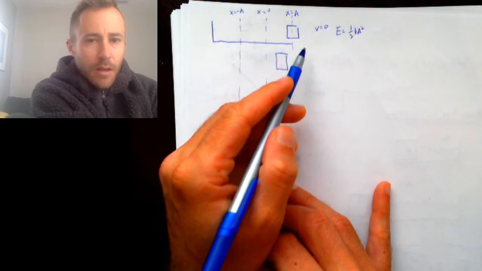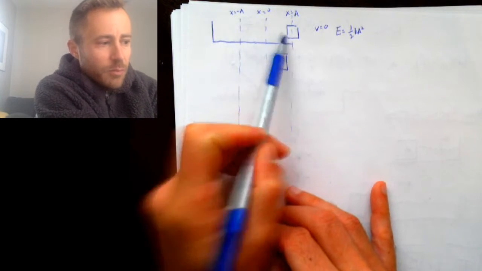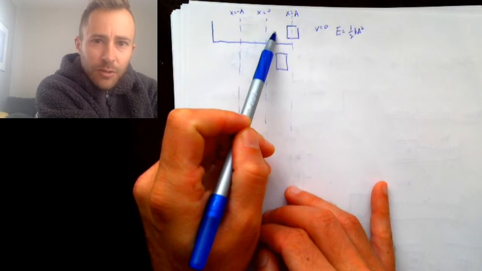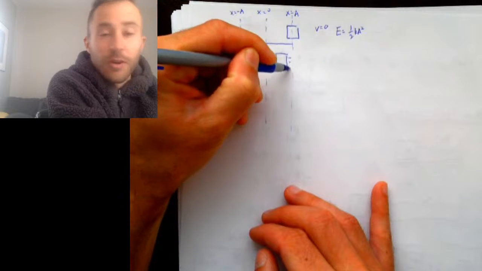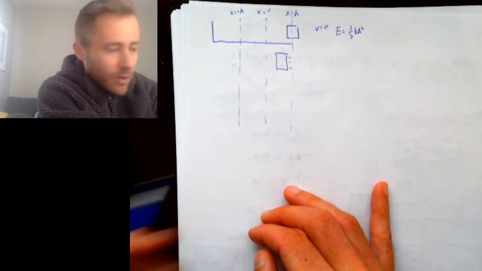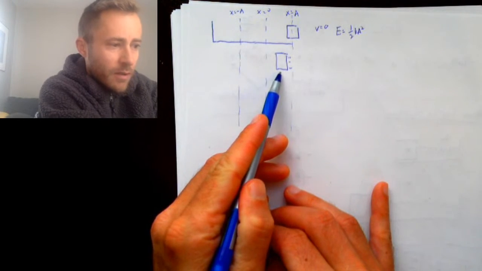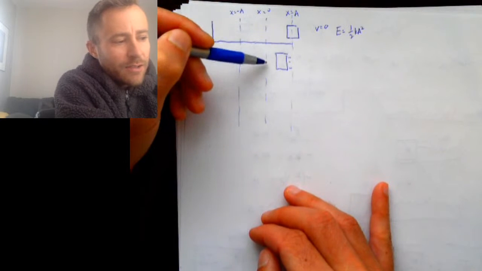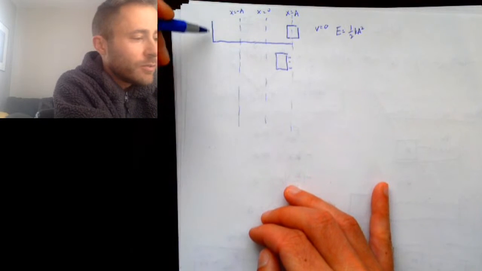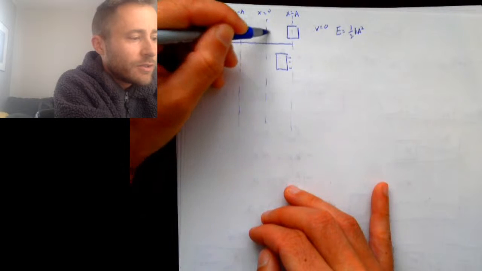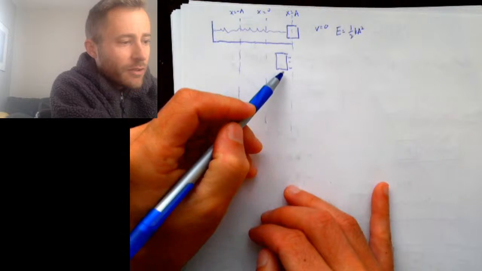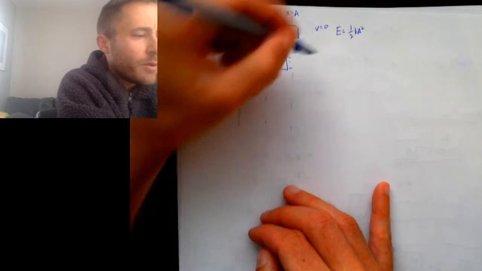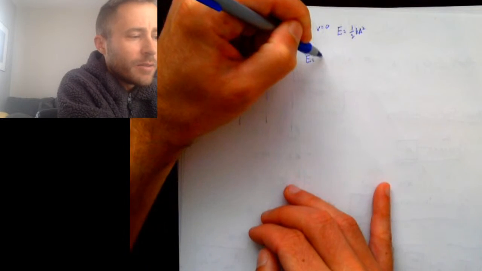Then the spring is going to pull the mass, and the mass is going to start going to the left. Notice how it has potential energy because the spring is still stretched, and it also has velocity. So at this point, we have both kinetic and potential.